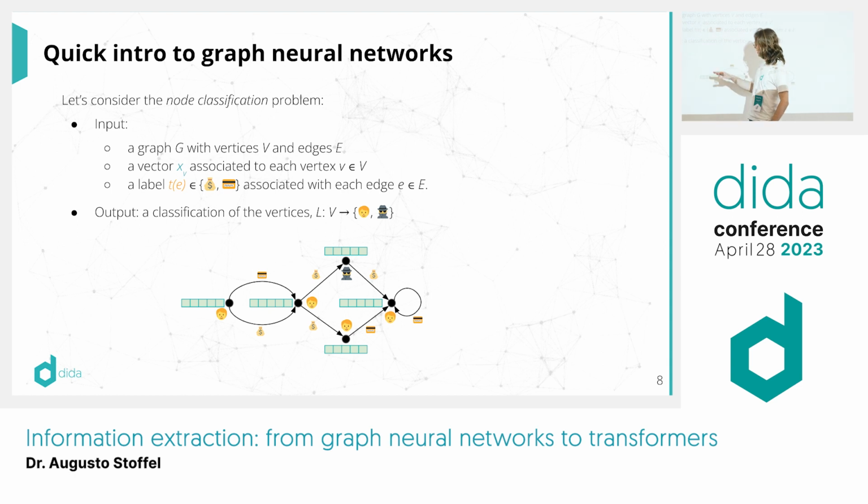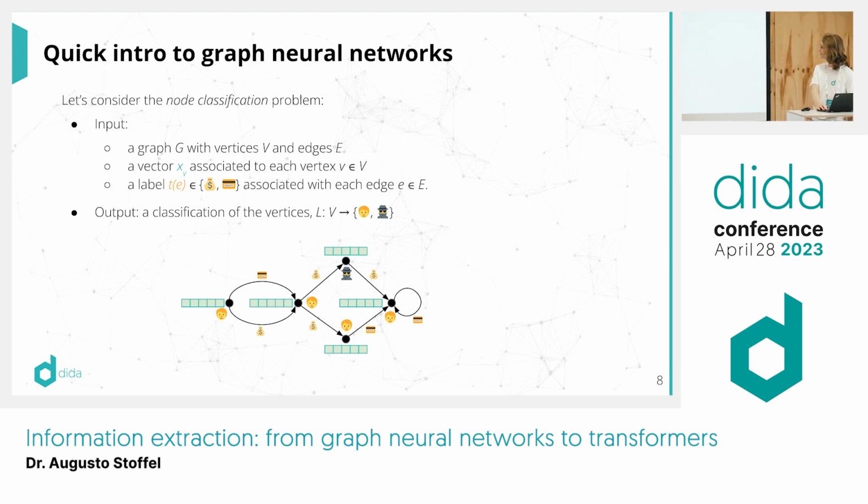These vectors are some information we know about those people encoded in a numerical form. And what we might expect as output is a classification of these users as legitimate users or possible fraudsters or something like this. So this is one simple idea.